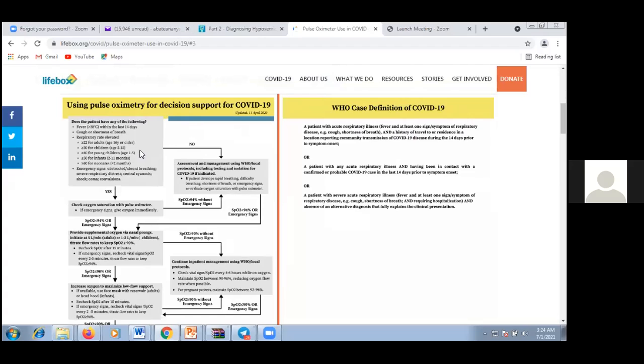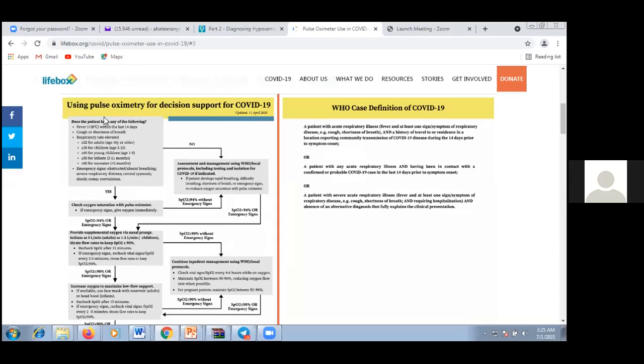But to make a decision on when to start oxygen therapy, with what amount, and so on, this tool has been developed, and it was in April 2020, last year, that means.